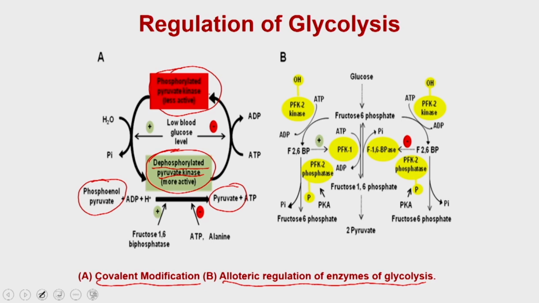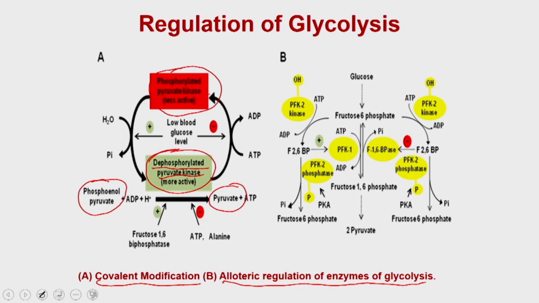So, you can imagine when there is low blood glucose, it is going to reduce the activity of glycolysis. In this low blood glucose event, the dephosphorylated pyruvate kinase is going to be phosphorylated and generate the phosphorylated pyruvate kinase, which is less active.